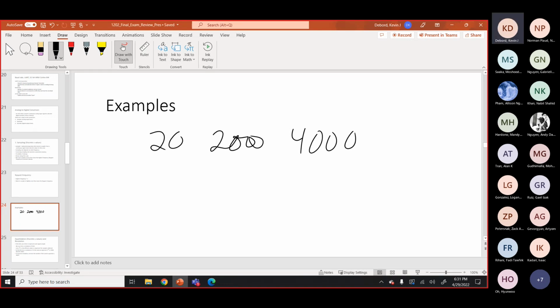Tell me the Nyquist frequency of this one. 8,000, right? That's because these values don't matter. This is the only one that matters. That's 8,000. Okay, then tell me what would be an acceptable frequency to sample this at? Yeah, 80.